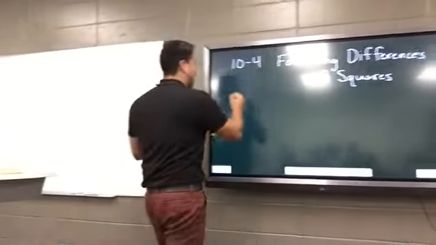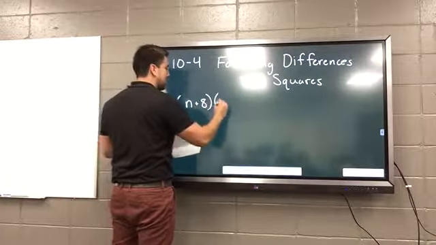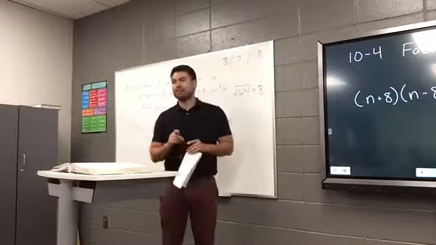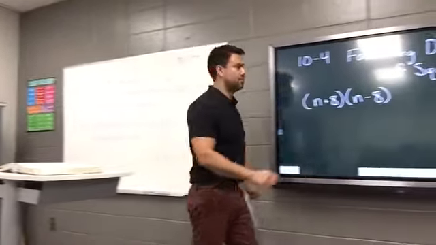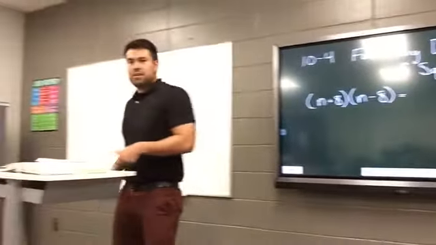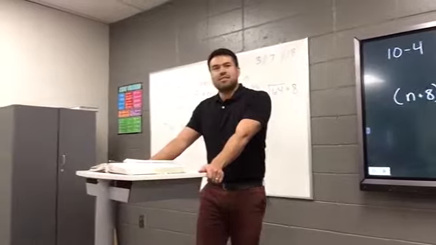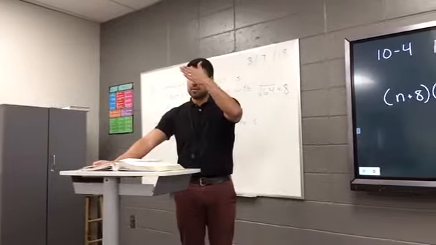To start this off, I want you to multiply these two binomials together, please. Figure out the product of n plus 8 times n minus 8. So what method are you using to find the product?